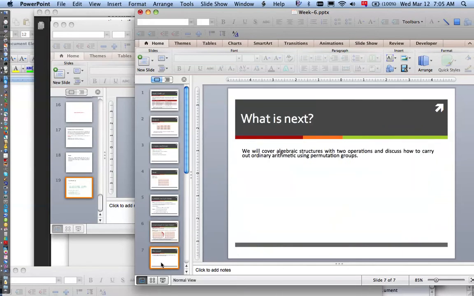So that will be next week. We're going to cover also more algebraic structures, and then, as I said, look at circuits or permutation switches that actually allow us to do these computations that are more arithmetic in nature.